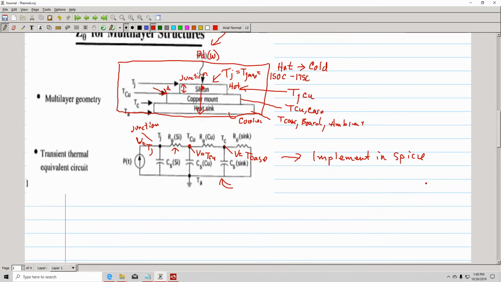Now I want to point out something. If you notice here, these are capacitors, and those capacitors are used to model the thermal mass. Basically they store the temperature, just as in electrical they're used to store voltage.